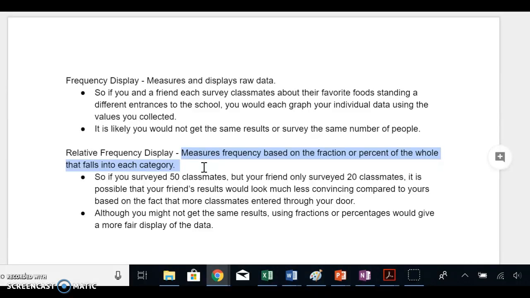So although you might not get the same results, using a fraction or percentages would give a more fair display of the data. If you each had 50% of the people you asked say they liked pizza, your graphs would look very similar, making it more convincing across the board that yes, we should have pizza at the next party.